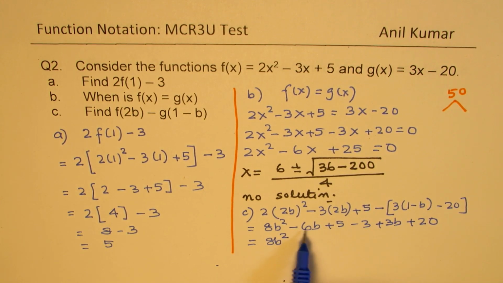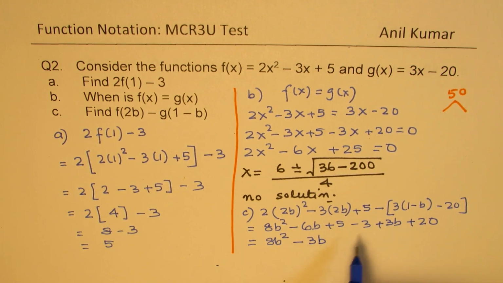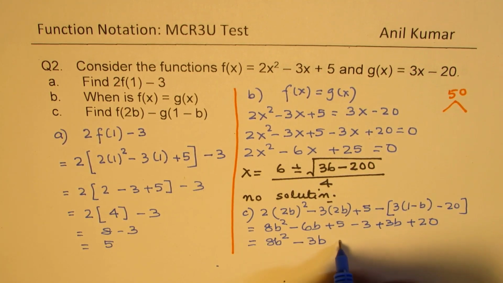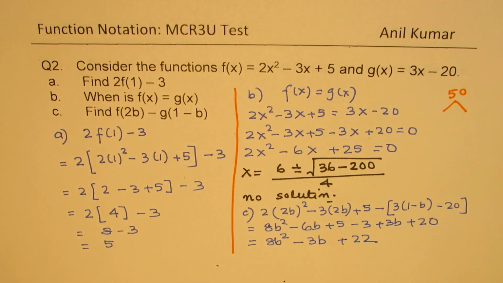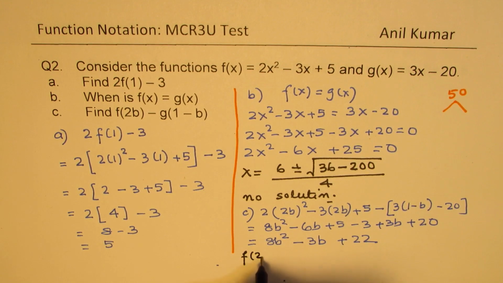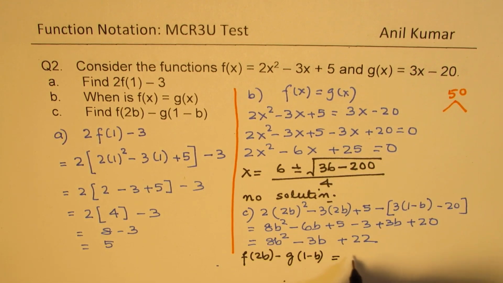The b terms, minus 6b and plus 3b, give us minus 3b. And then we have 5 minus 3 is 2, plus 20 is 22. So the expression for f of 2b minus g of 1 minus b is equal to 8b squared minus 3b plus 22.